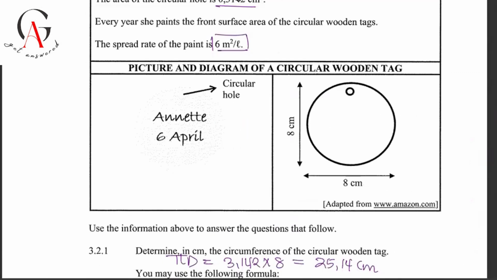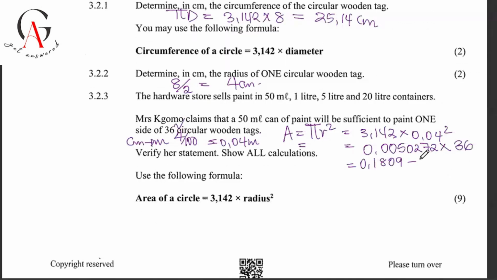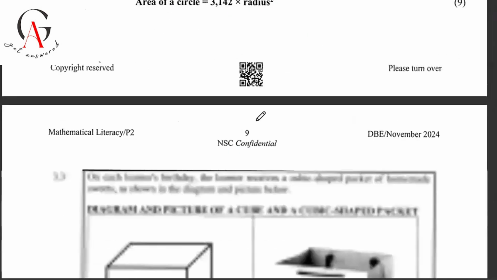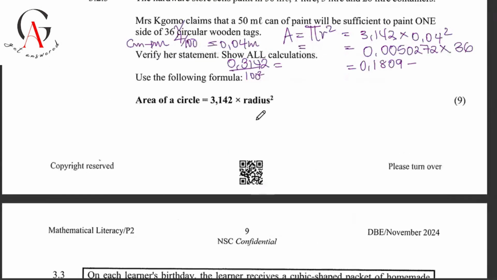Oh, these are centimeters squared. So we need to change them into meters squared, whereby we divide by 100 squared. 0.3142 divided by 100 squared.